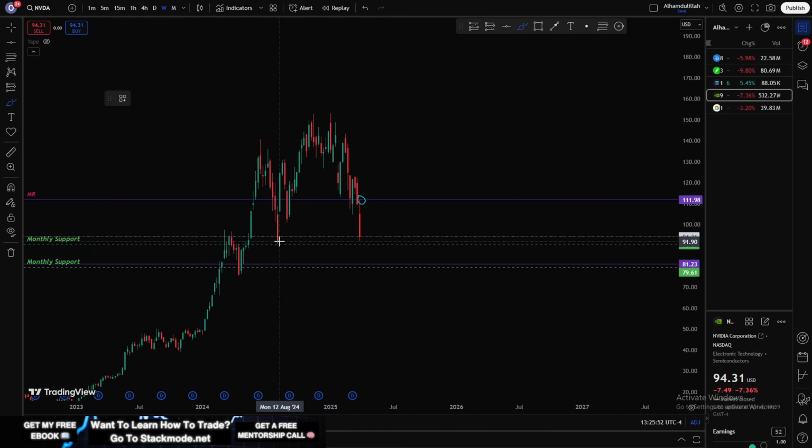This accumulation where price decided to get bearish from later turned into an area of support over here. So as you guys can see, I'm not lying, just like the drawings and just like I show you guys in my free ebook, my courses, videos, and everything. Resistance turns into support, and support turns into resistance.